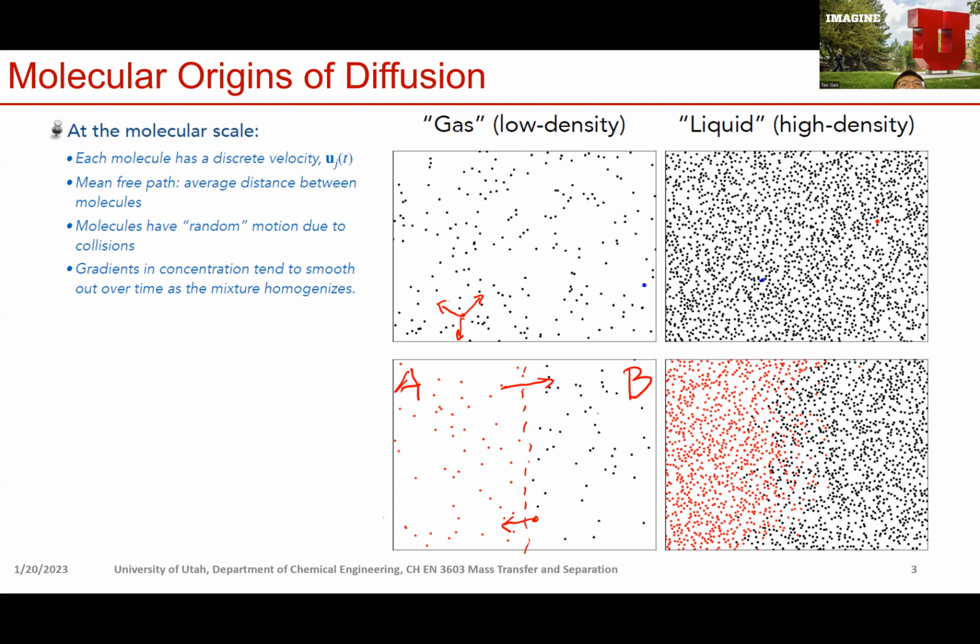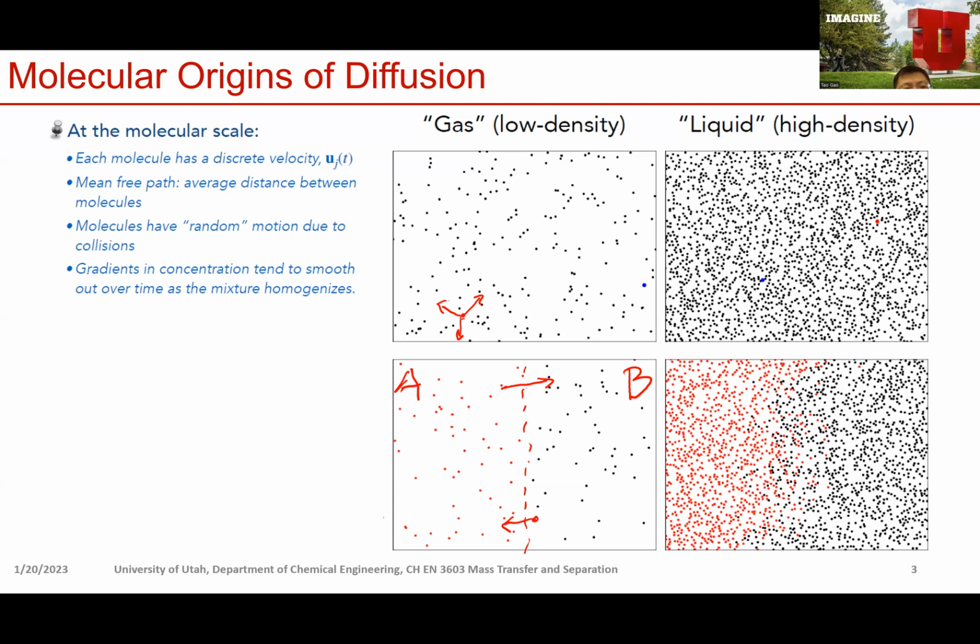And that is equivalent to saying over time we're going to see molecule A move to the right, right? That will cause the number of molecule A in the left chamber to decrease, right? By the same token, over time we will see the number of molecule B on the left will decrease, right?